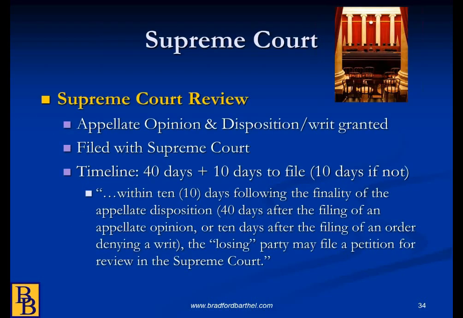And then finally is the Supreme Court, which is the end of the road for workers' compensation matters.